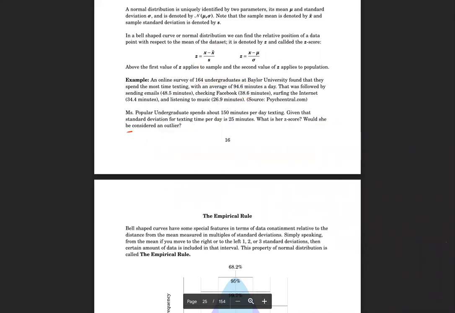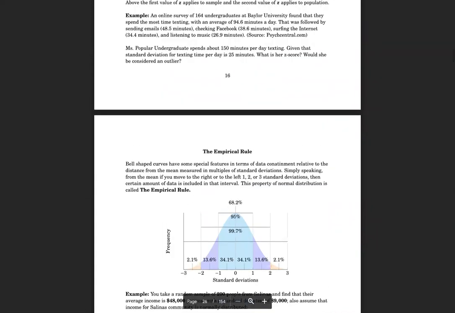All right. The next question is this. Let's say Miss or Mr. Shy, doesn't matter, at Baylor University spends, let's say, 20 minutes texting every day.